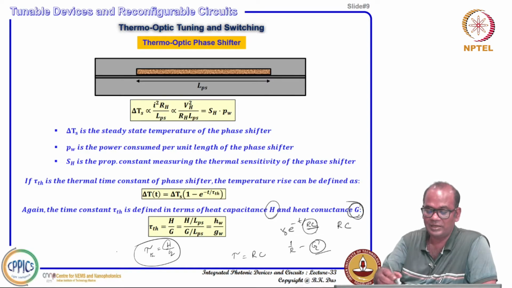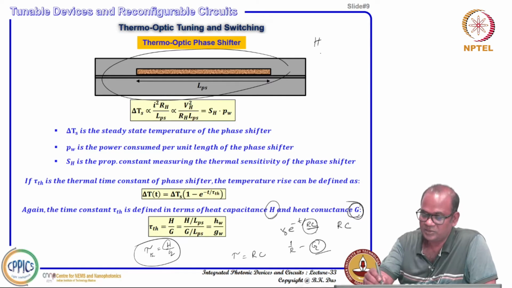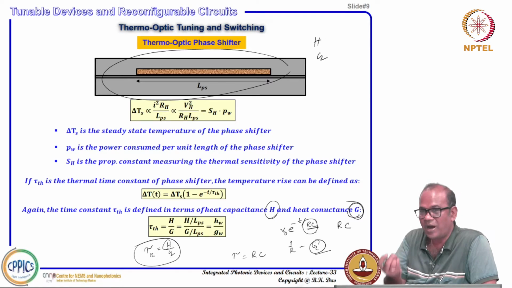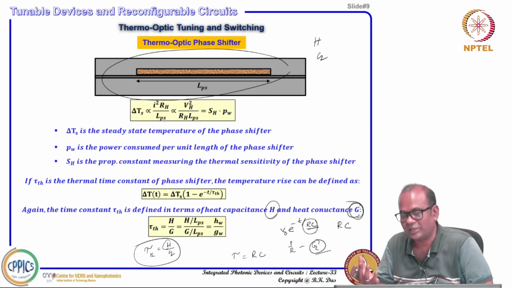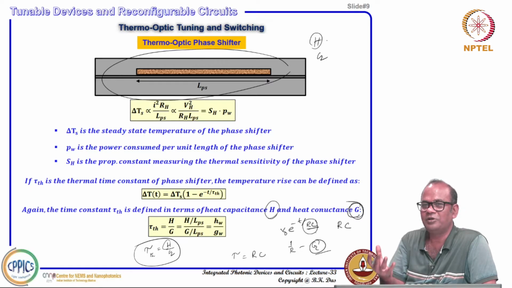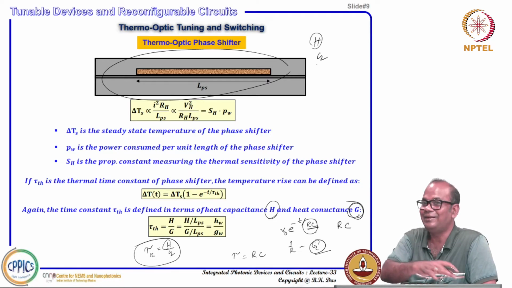So, you need to know the entire system, what the H value and the G value of these systems are. This phase shifter is a part of a large integrated circuit, so it is not easy, it is actually impractical, to find the heat capacitance for the entire chip or the conductance for the entire region.